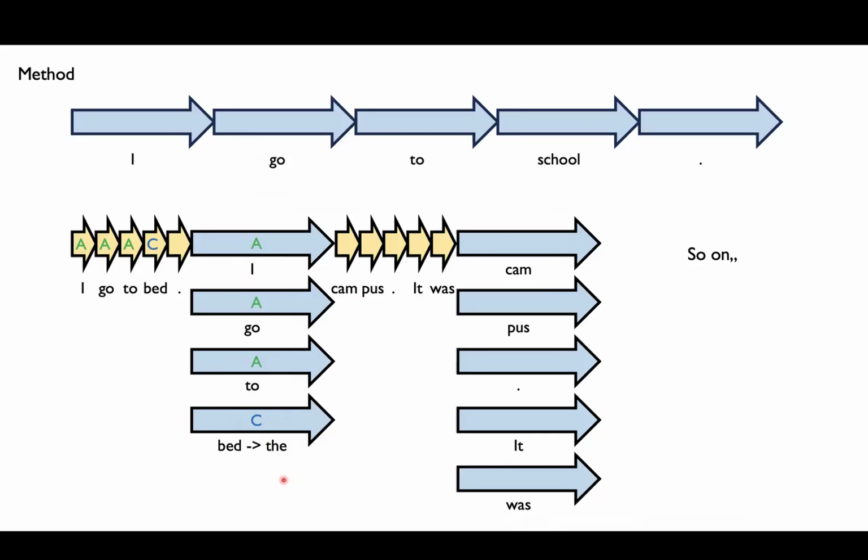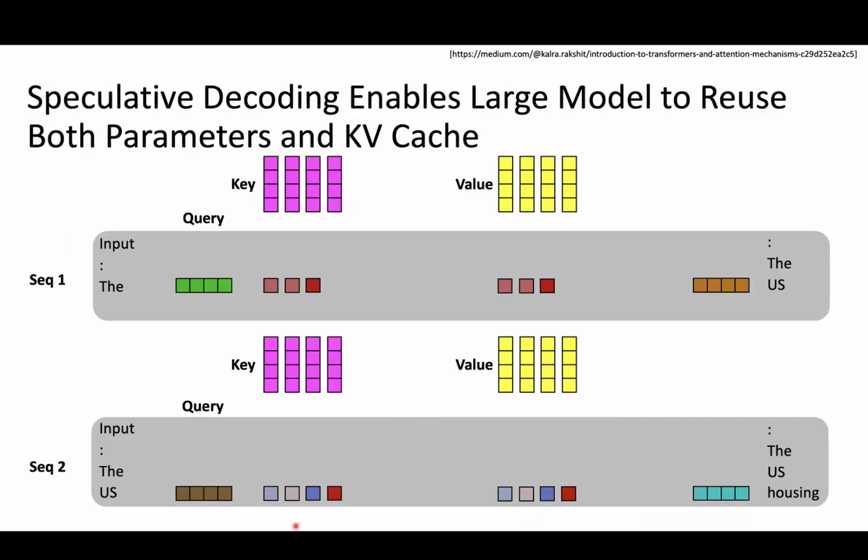Even though the input matrix is skinny, the number of columns is small. In this case, the number of columns is only 4, but it's better than 1. So speculative decoding actually enables large model to reuse both parameters and KV cache, as in the case of prefill operation.